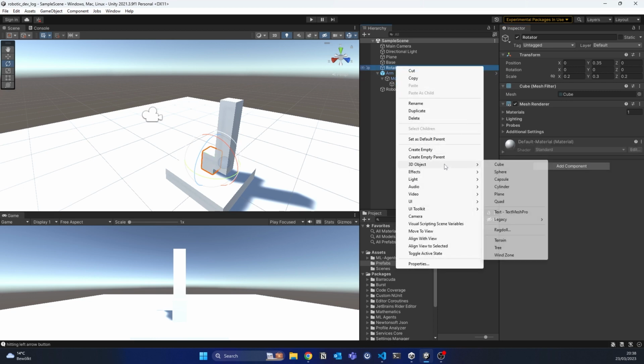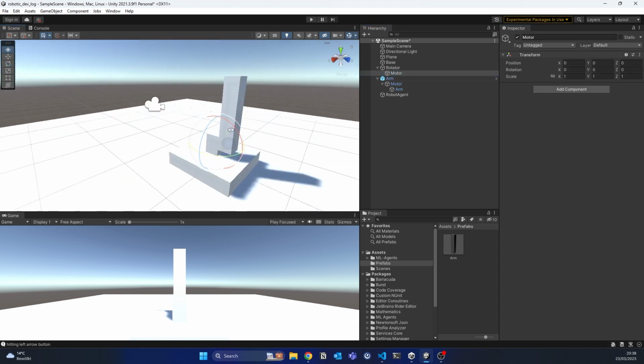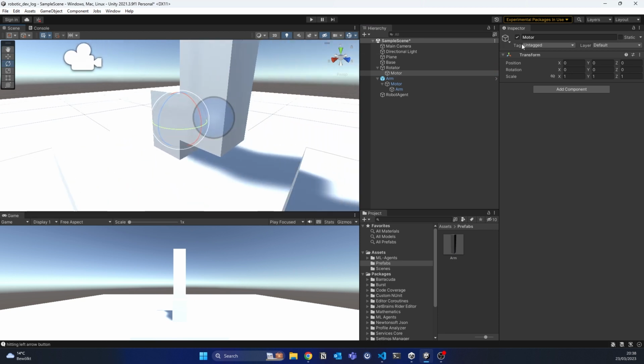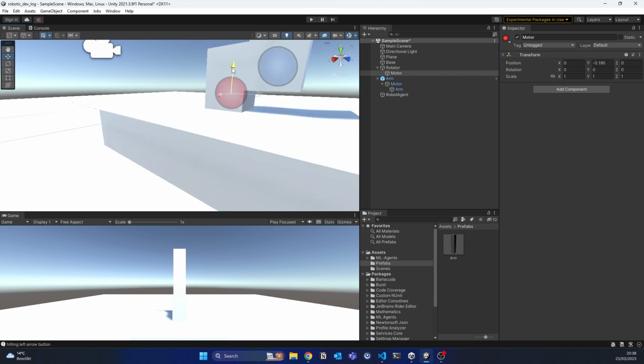So here we'll add an empty object, which is also going to be our motor. And this motor I suppose is going to have also a little tag here. Let's say we use a red one, and we'll be shifting this downward a little bit, just about here.